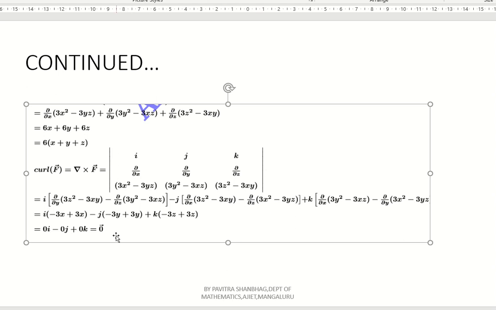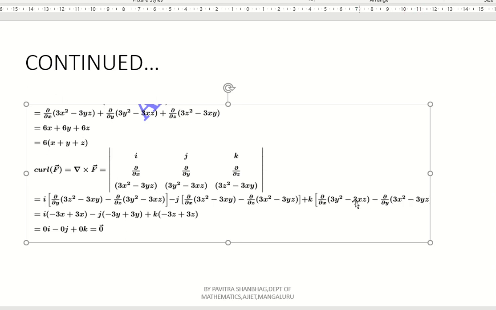So minus 3y plus 3y, plus k into, with respect to x, minus 3z, because with respect to x here y is constant, so derivative of y term with respect to x partial derivative is 0. So my 0 minus 3z, minus of what with respect to y: 3x square with respect to y derivative is 0, minus 3yz derivative is what with respect to y?